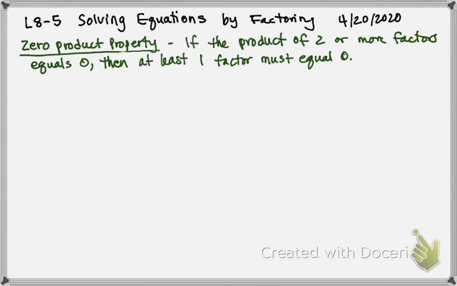Okay, so in true algebra fashion, if the product of two or more factors equals 0, then at least one factor, A, can equal 0, or the factor B could equal 0, or both. A and B equal 0, both factors can equal 0, okay? So how are we going to go about solving this problem?